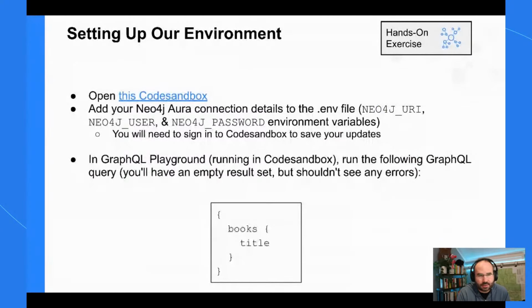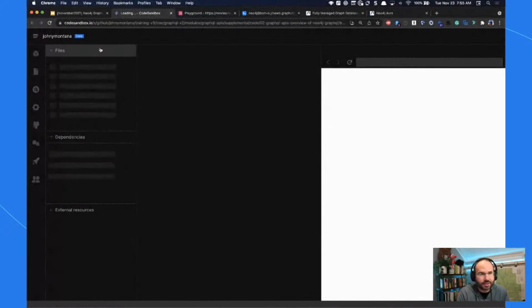So let's jump into Codesandbox and set up our environment. There's a specific link here that we're all going to use. Each one of these modules has a starting point for a specific Codesandbox, which has some skeleton code already put together for us.